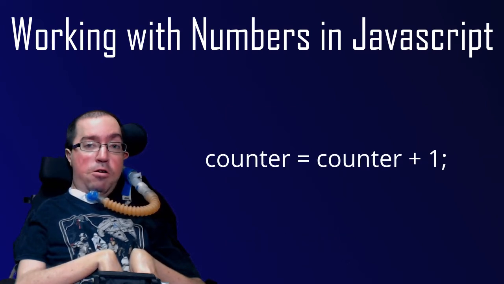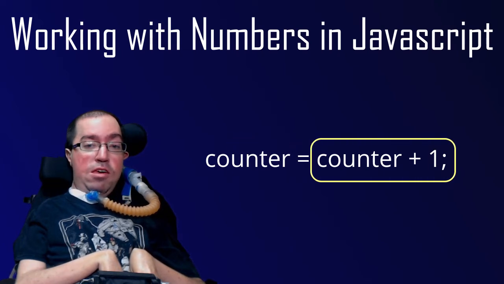First, you could state counter equals counter plus 1. This probably looks confusing, so let me explain. There are two things happening here. First, we are saying we want to give the counter variable a new value, as shown here.